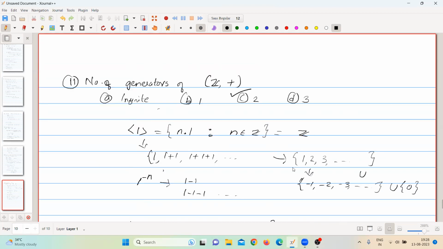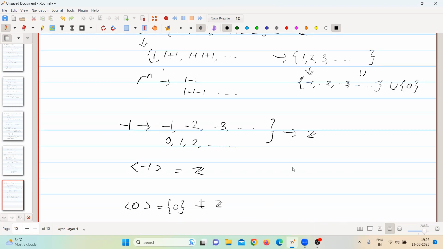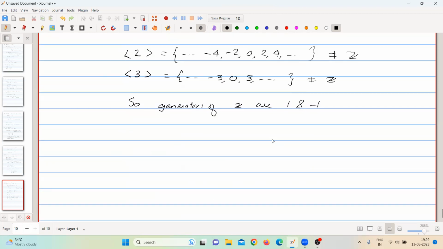Ma'am, I have one doubt. Could you please tell me how one can generate the 0 element? One can generate the 0 element as follows: the generator of 1 is the set of all 1 power n such that n is in Z. Since it is addition, 1 power n is n times 1 such that n is in Z. When n equals 0, n times 1 equals 0.